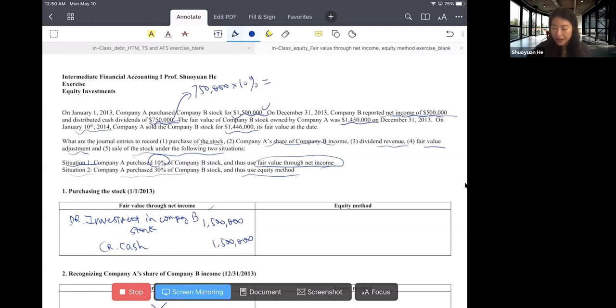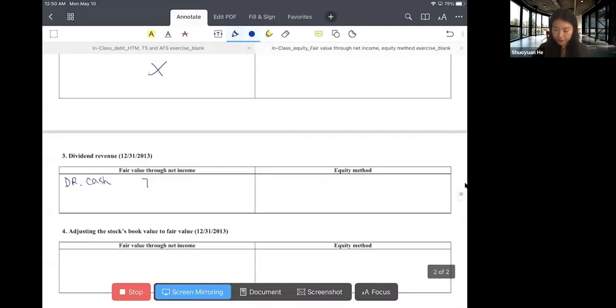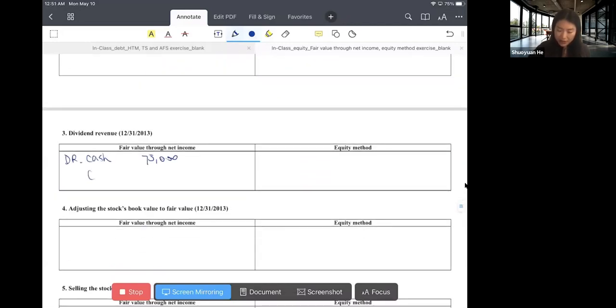So company A gets 75,000, and we credit dividend revenue of 75,000.